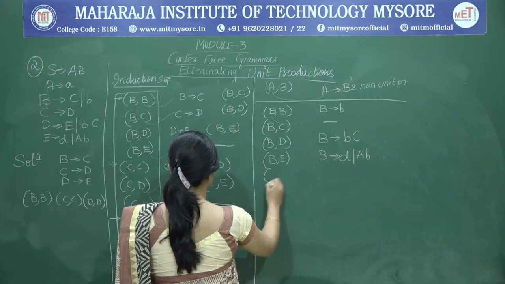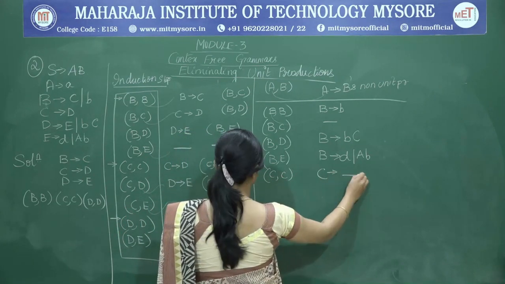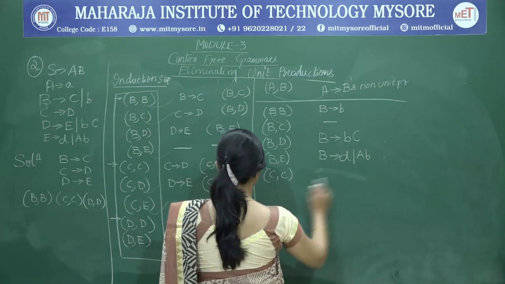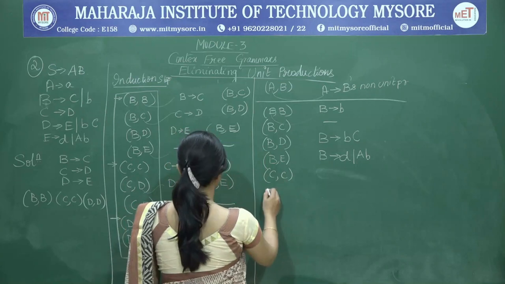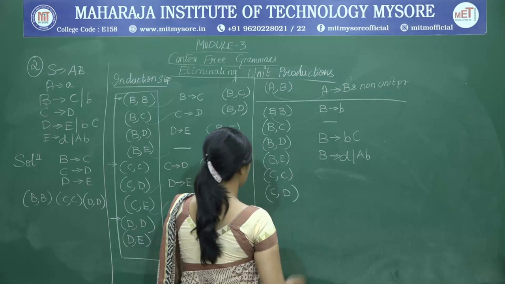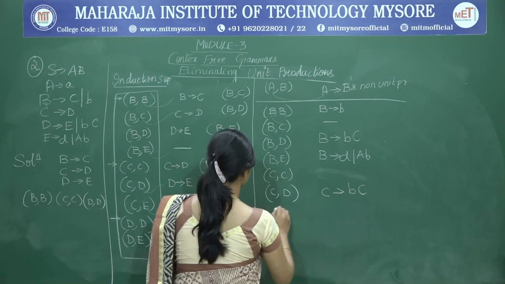Next we have C comma C. We don't have any productions for C, so we do not write anything here because there is no non-unit production for C. Next we have C comma D. D's non-unit production gives C goes to BC.